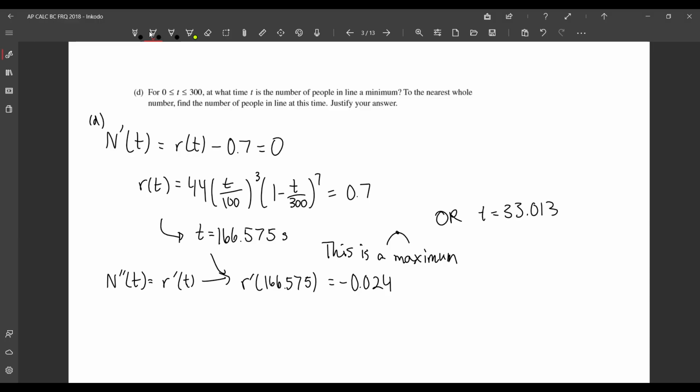At this point, the derivative of r of t gives us, r prime of 33.013 equals 0.045. So this is a local minimum.